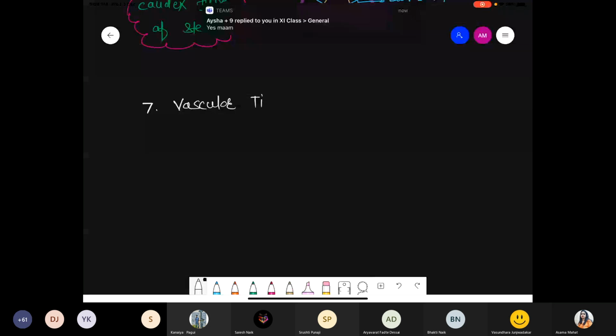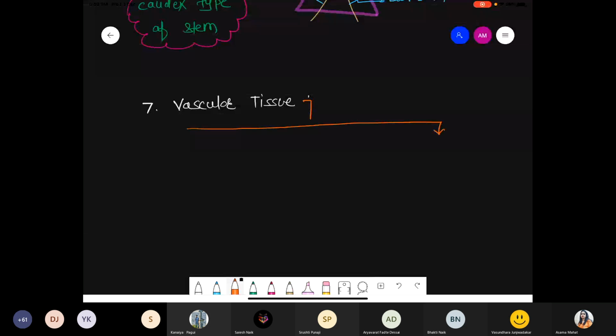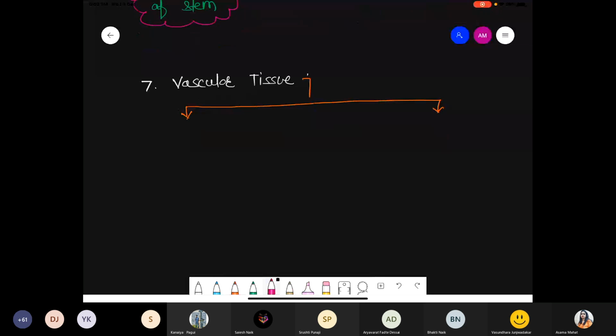Yes, because vascular tissue is responsible for the water and the food conduction. It is divided into two types. Number 1, that is xylem, and this xylem we compare with the phloem. Xylem responsible for the water conduction, phloem responsible for the food conduction, right?